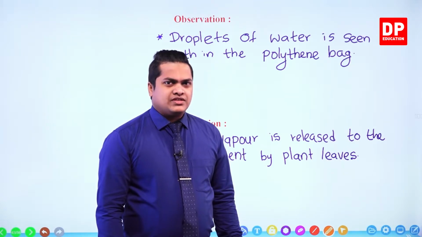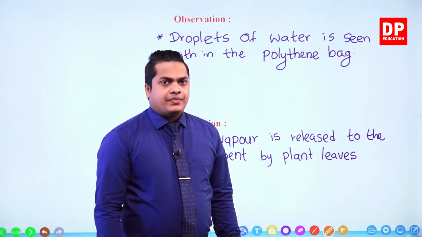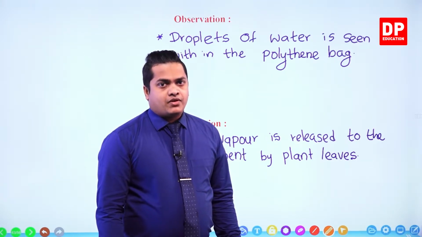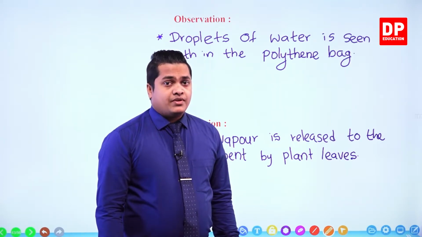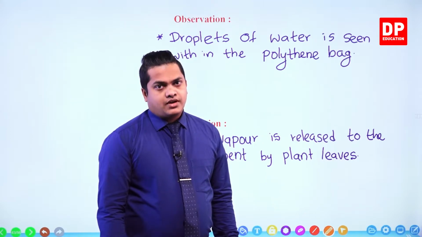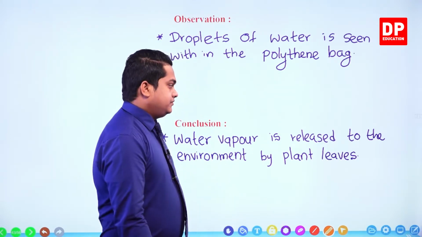You already know this because we have learned it under the third lesson, right? Transpiration is the process of releasing water vapor from the leaves, especially from the stomatal pores of the plant leaf, right?